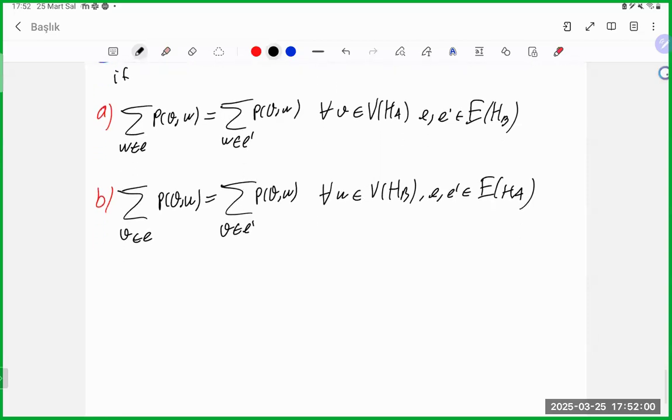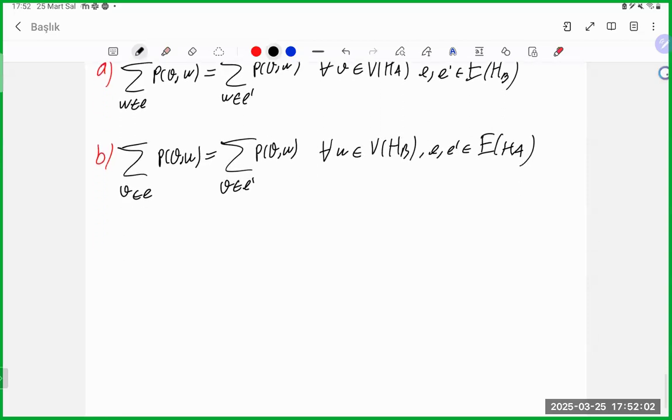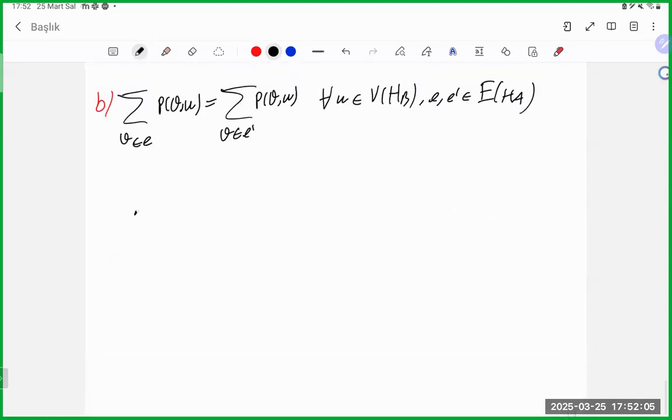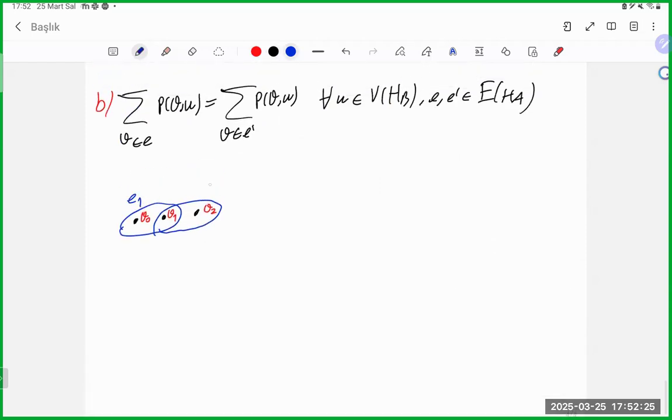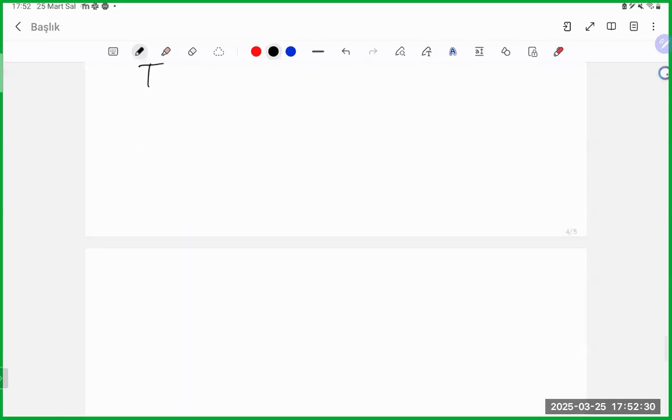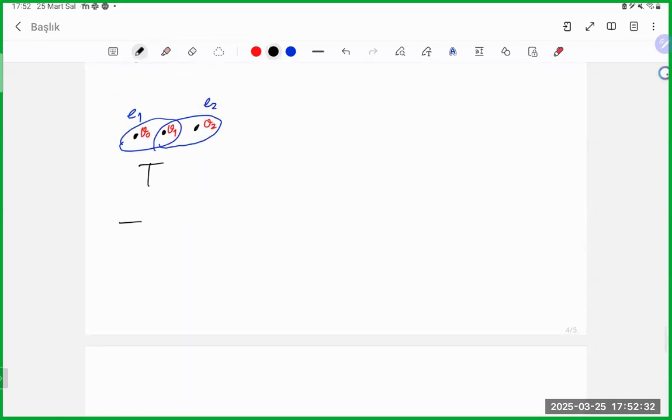I will give a direct product example to clarify things, because visually it makes more sense. Let's say we have a contextual scenario like that, and let's give numbers V0, V1, V2, and give numbers to the edges. Let's say this is T and we want to compute the direct product of T with itself.